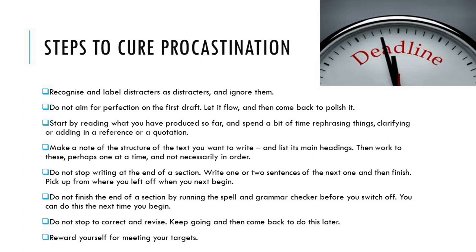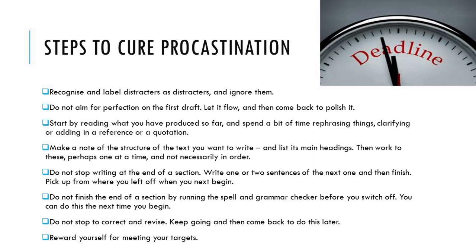And the next step is, do not stop writing at the end of a section. Write one or two sentences of the next one and then finish. Pick up from where you left off when you next begin. Do not finish a section by running the spell and grammar checker before you switch off.